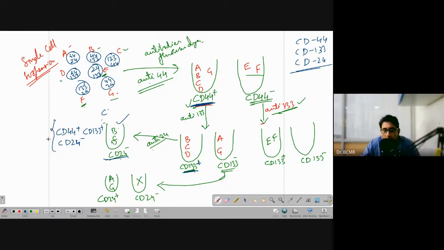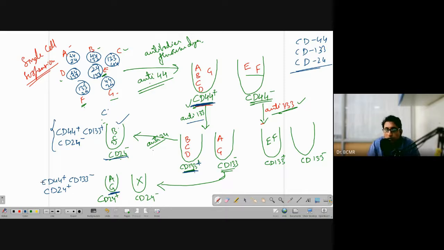We are not yet done. We'll go ahead a little bit more and look at these cells here. They would have been CD44 plus, then CD133 minus, and they are CD24 plus.